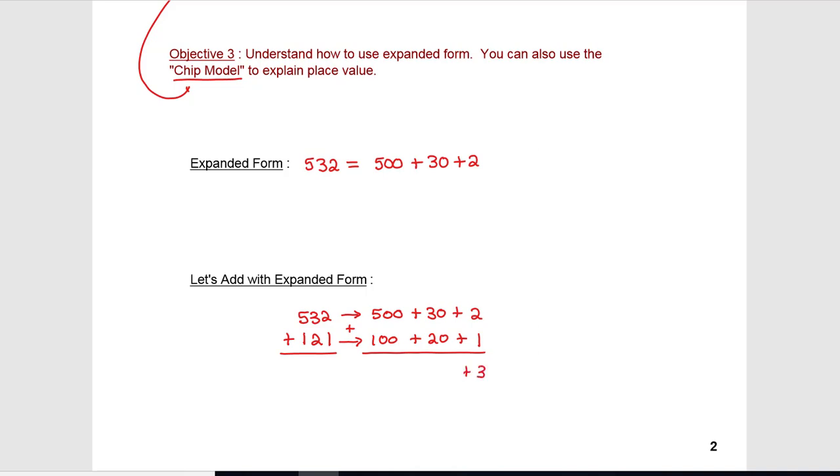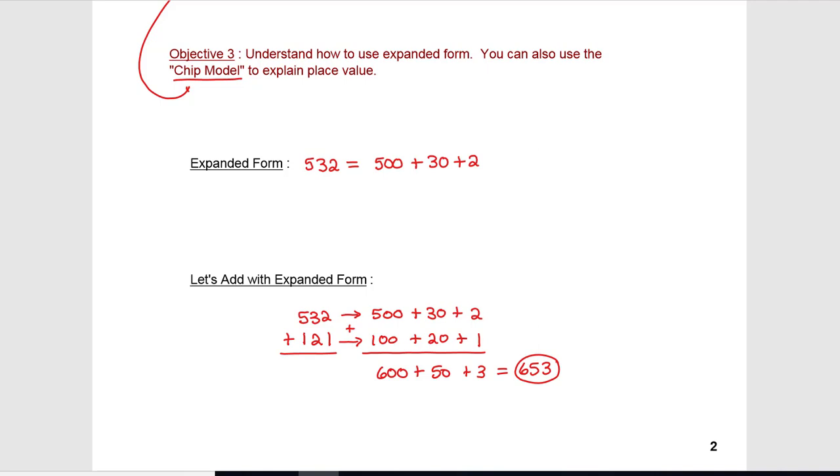And then we add, and we get 50 here, and we get 600 here. So we have an answer of 653. Okay, so that's how you break apart numbers into expanded form.